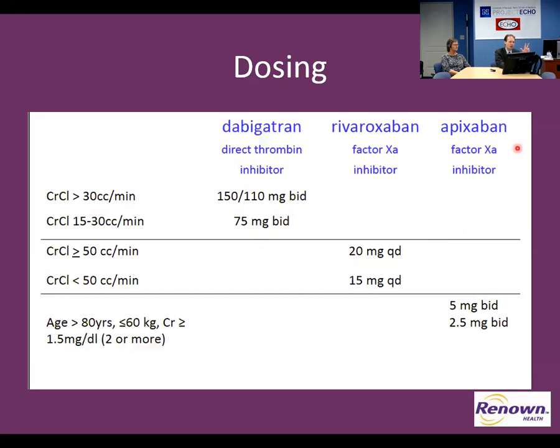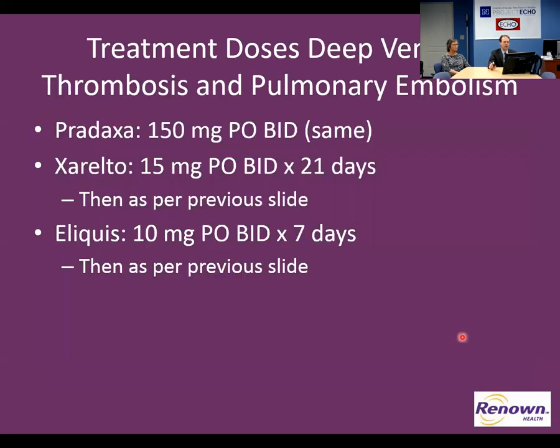And so if you have 2 out of 3, if your age is over 80, if your body mass is less than or equal to 60 kilograms, or if your serum creatinine is above 1.5, then you drop down to the 2.5 milligram dosage, and it's twice daily. And then if you don't have 2 out of 3, you have 0 or 1 out of 3, then you use 5 milligrams twice a day.